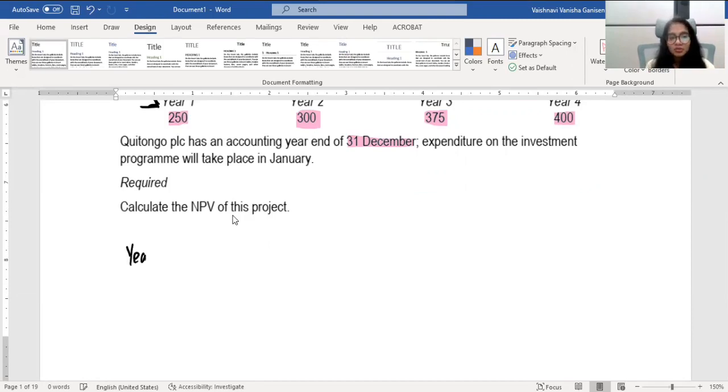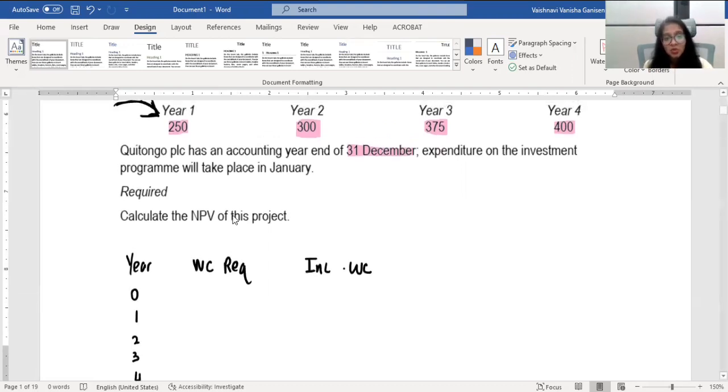So, when you do your working capital requirement, please remember to use this following format. Year 0, year 1, year 2, year 3, and year 4. Guys, if he wants to use it in year 1, he needs to invest in year 0. If he wants to use it in year 2, he needs to invest in year 1. Right?